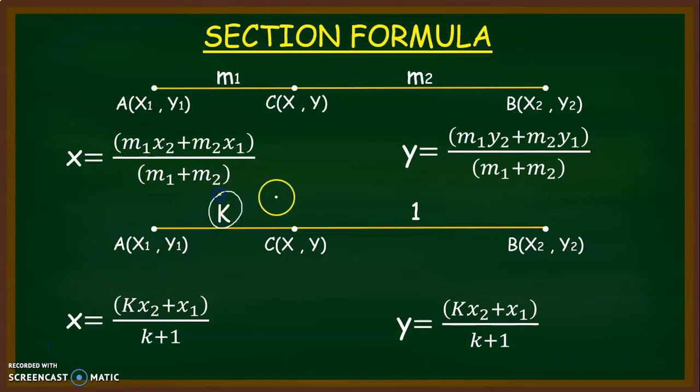Here this k represents the ratio of m1 and m2. So in place of k, if you put m1 by m2, then you will get this formula.